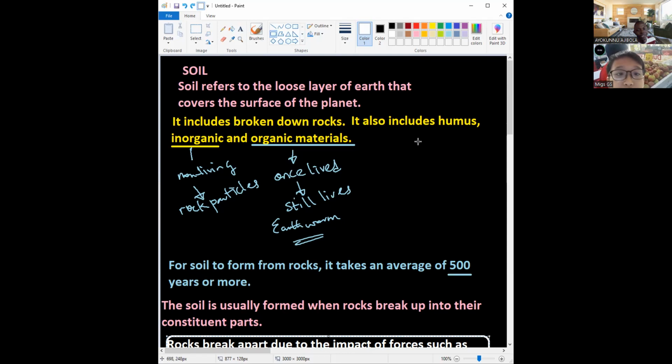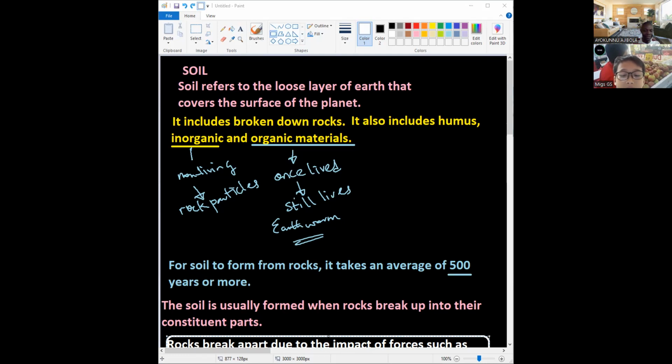Okay, so I have one more question before we end. Why does soil take 500 years to form from rocks? It's so long because rocks are very hard and solid.